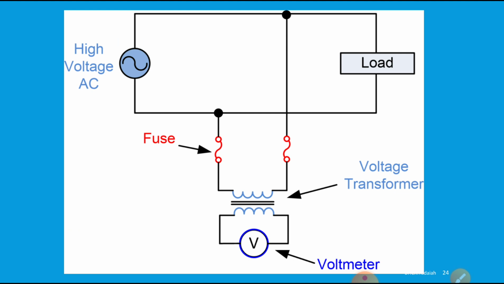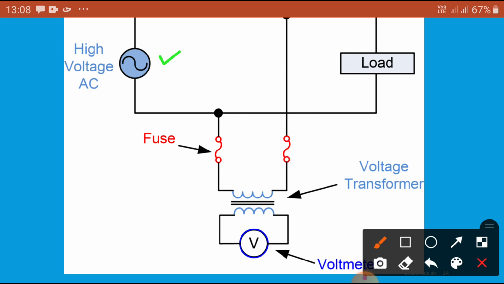High voltage AC supply is given here, and a load is connected. I want to know the voltage across the phase and neutral, single phase for example. I connected it with the transformer, our PT, voltage transformer. So based on the number of turns, it steps down to the voltmeter connected here. Okay, so already you know.